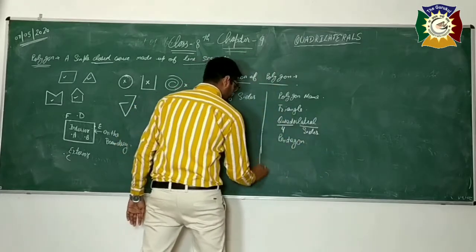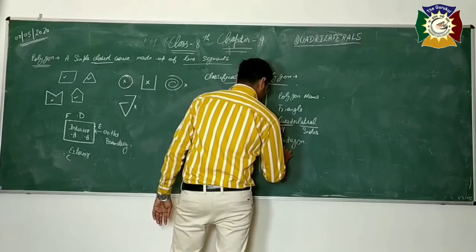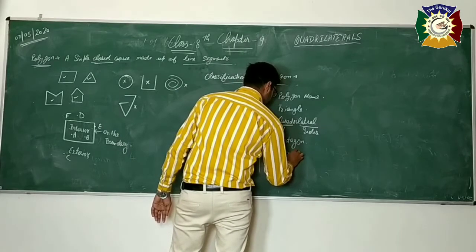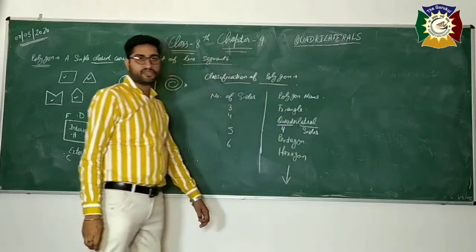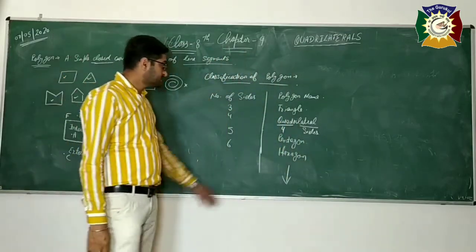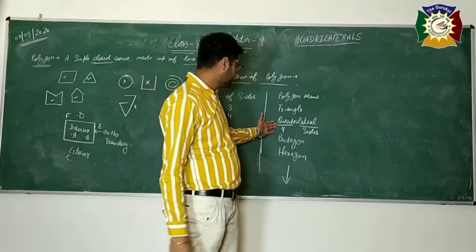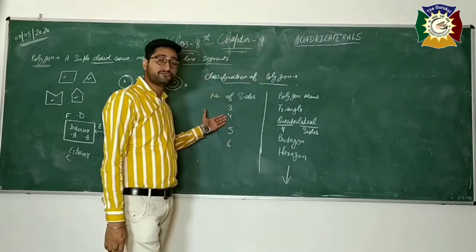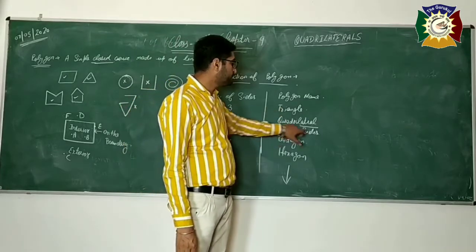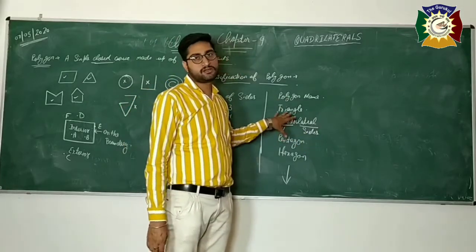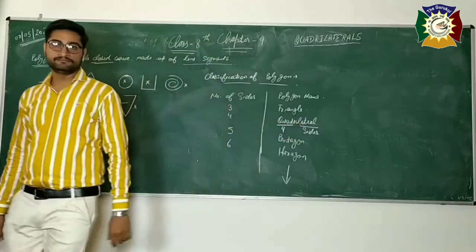If 6 sides are there, then it's a hexagon, and so on. Today's topic is quadrilateral, which indicates the number 4. So we can define it as: a four-sided polygon is called a quadrilateral.